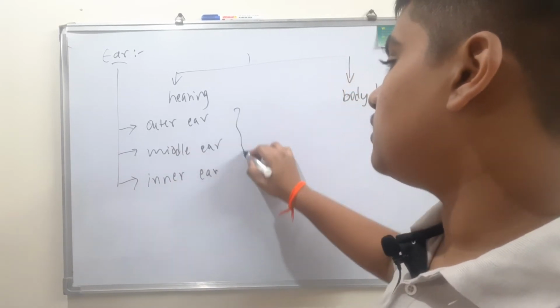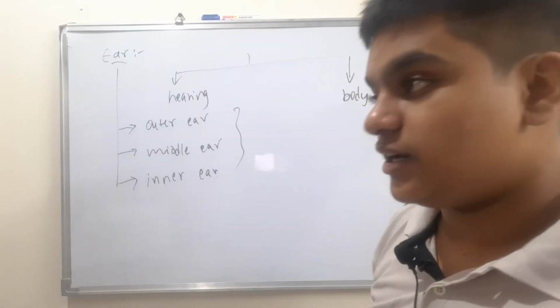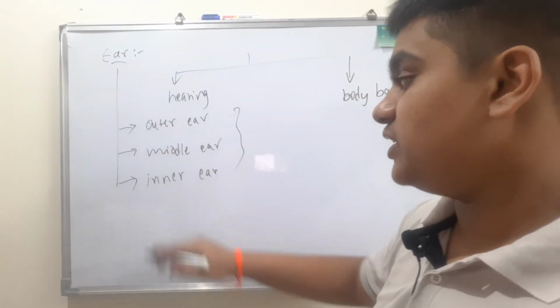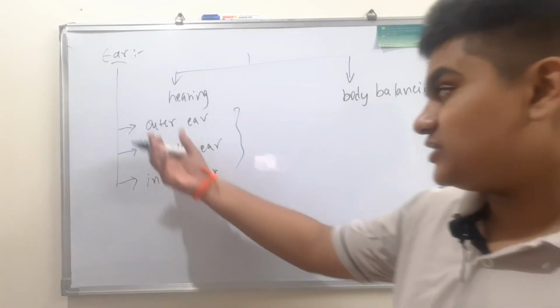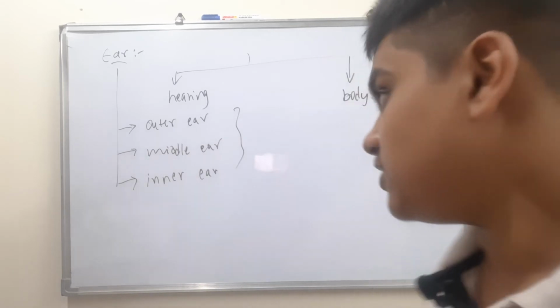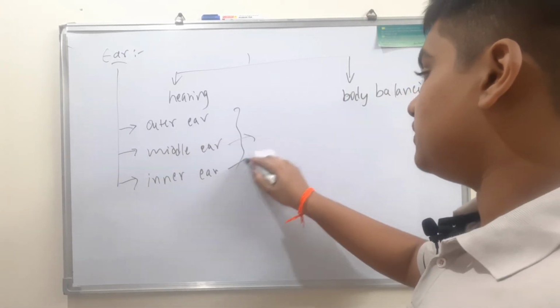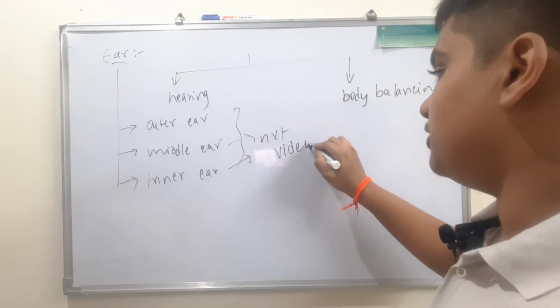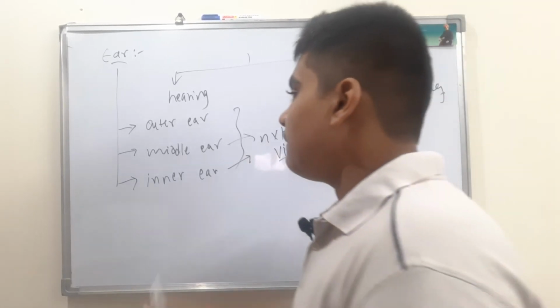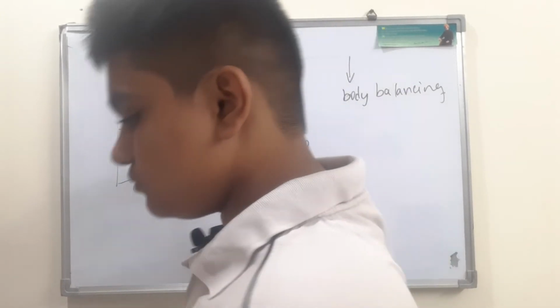These are the three anatomical divisions of the ear, from outside to inside: outer, middle, inner. Now, let us talk about the outer ear first of all, then we will be moving on to middle and inner ear in the next video. In this video we will be talking about the outer ear.